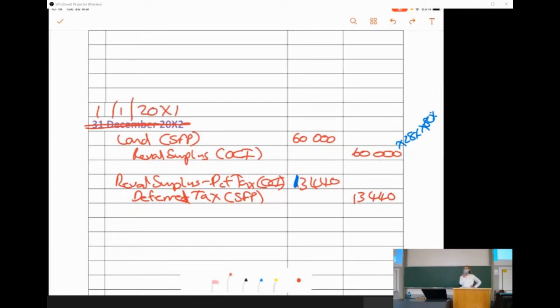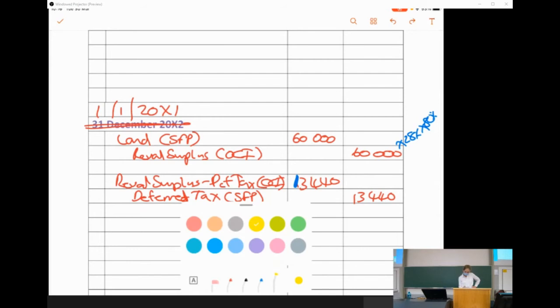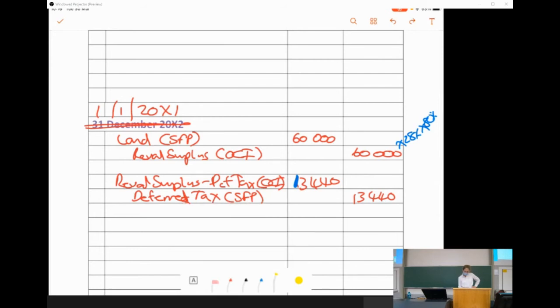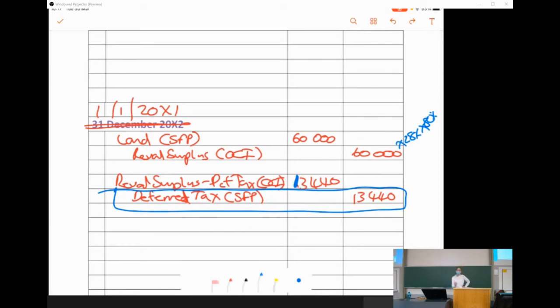So on the 1st of January 20X2, when we do our revaluation, that is going to be our journal that we have to do. So this leg of the journal is what's going to go to my deferred tax account on the date of the transaction.